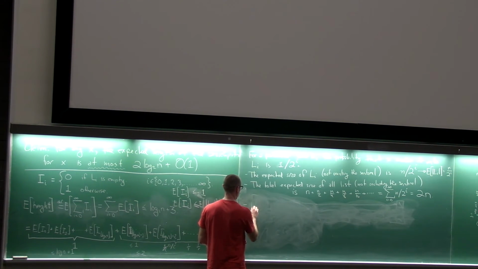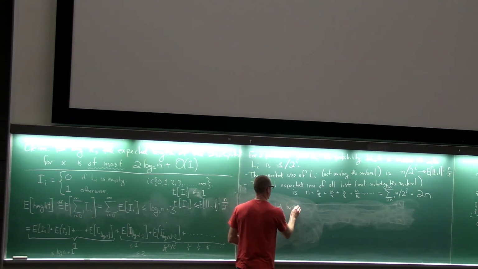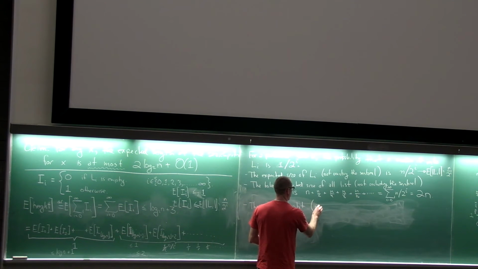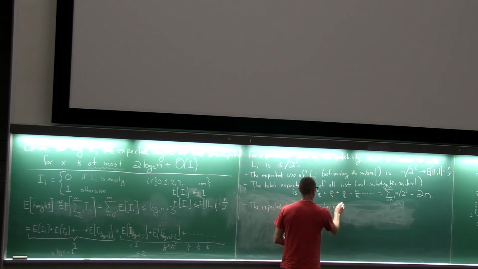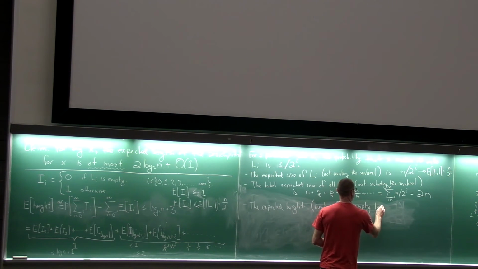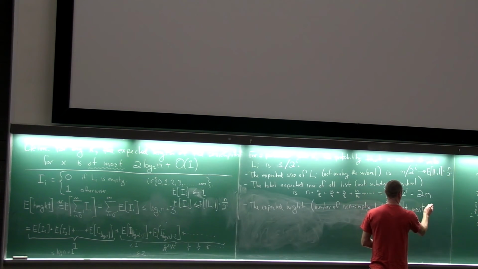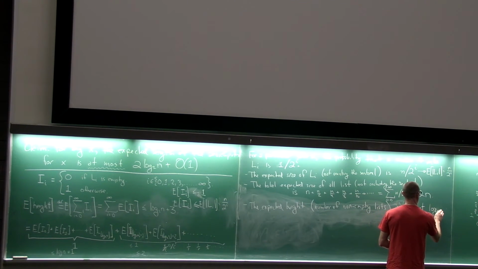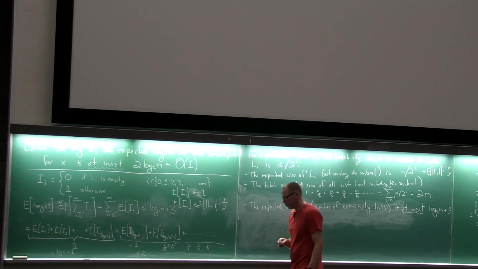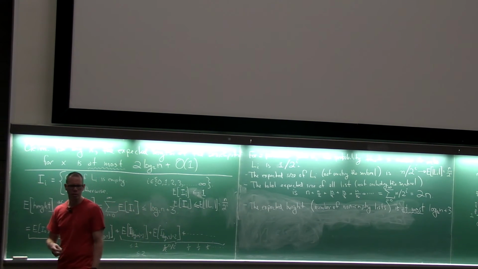So the expected height, where height is defined as the number of non-empty lists, is at most log base 2 of n plus 3. There are a few places where we use inequalities, so the best we can say here is at most. We don't know that it's at least log base 2 of n plus 3. That would take a different kind of argument.